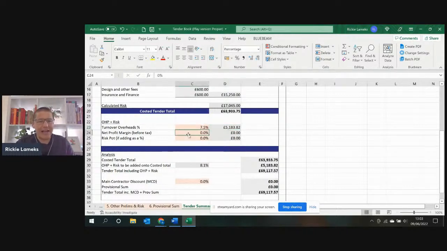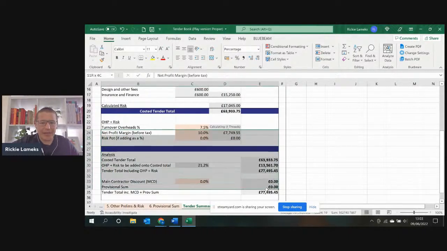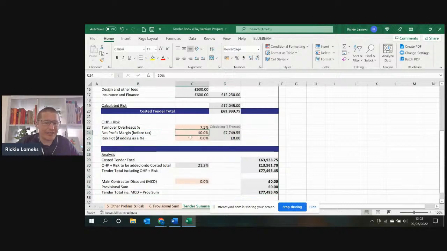Then we're adding our profit margin. So to start with, we'll put in 10%. But basically, the way that I've set this book up, this percentage at 10% is a total of the total. So total cost, so what we're going to submit to the client, the 77K, not the costed 63K.